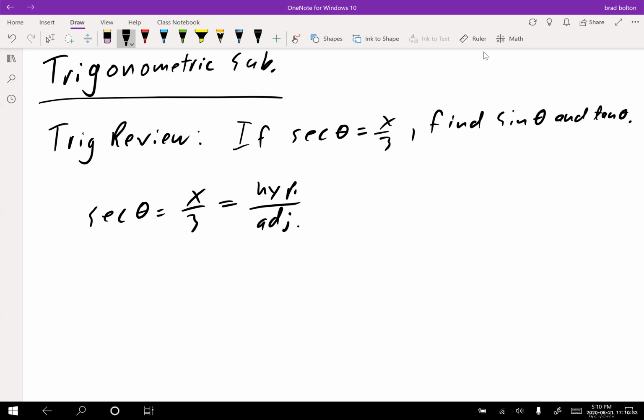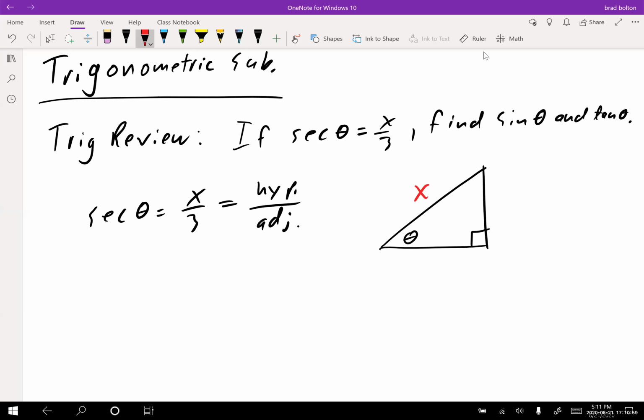Okay, so let's draw our triangle. Let me draw this a little better. Okay, so this is our theta. Now, if this is our theta, then we know that the hypotenuse side is x. So right there, let me do it in red.